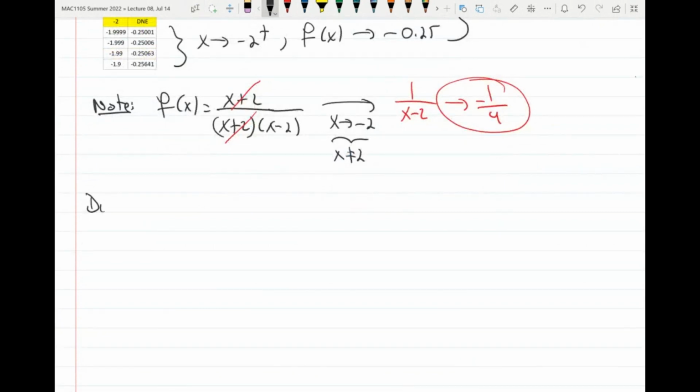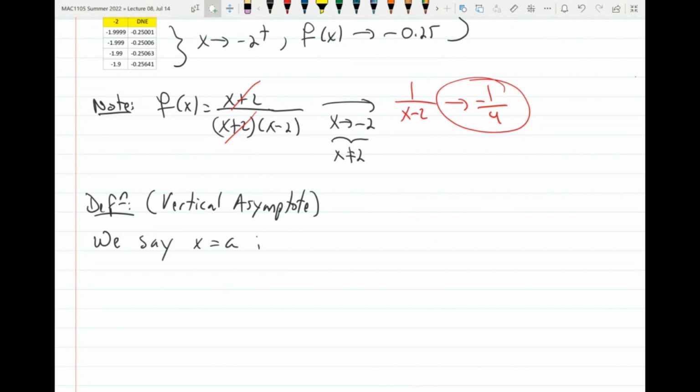All right, so definition. This is a notion of vertical asymptote. And then the statement is we say that the line x equal a is a vertical asymptote of f.